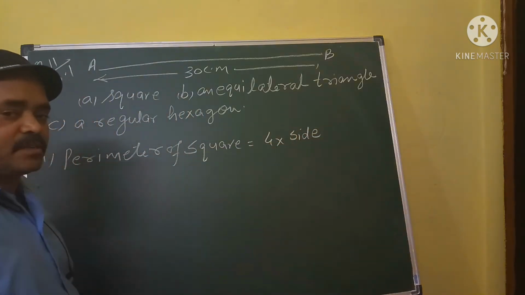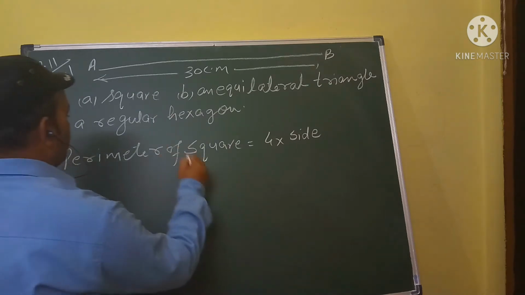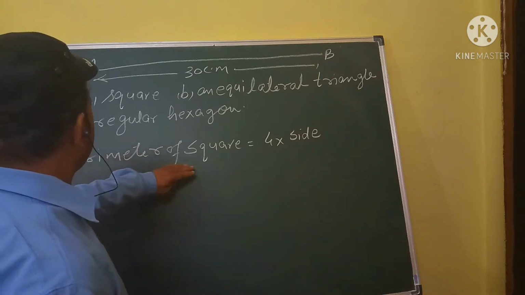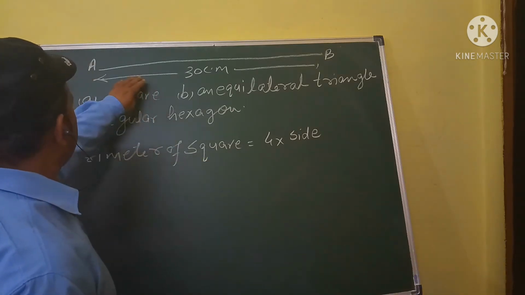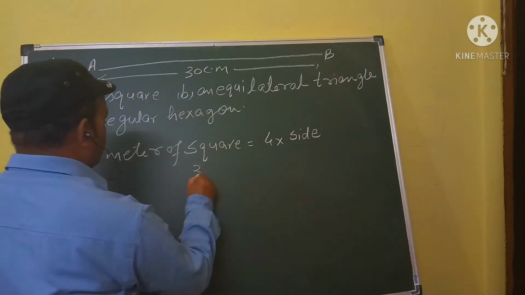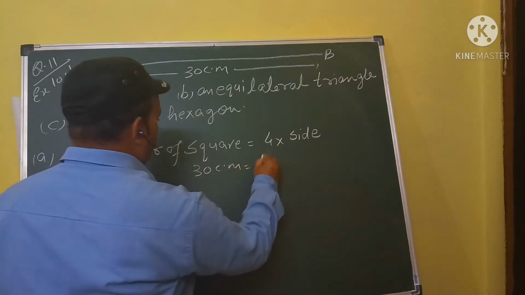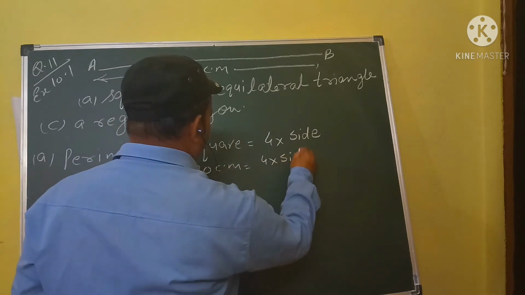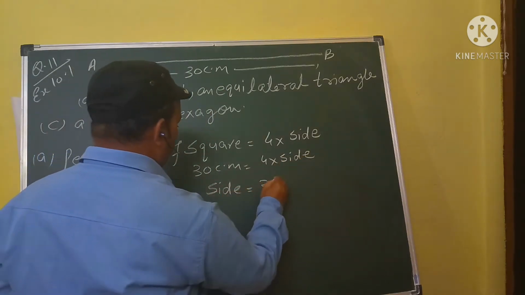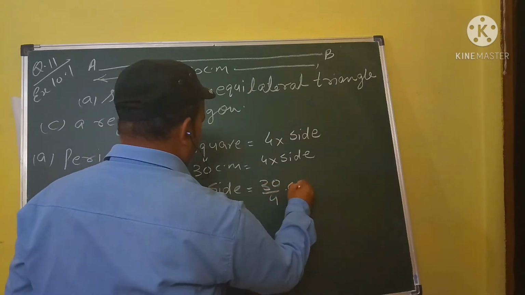In this, for the perimeter we will apply the length of the string. The length of the string is 30 centimeter, which is equal to 4 into side. Therefore side is equal to 30 upon 4 centimeter.